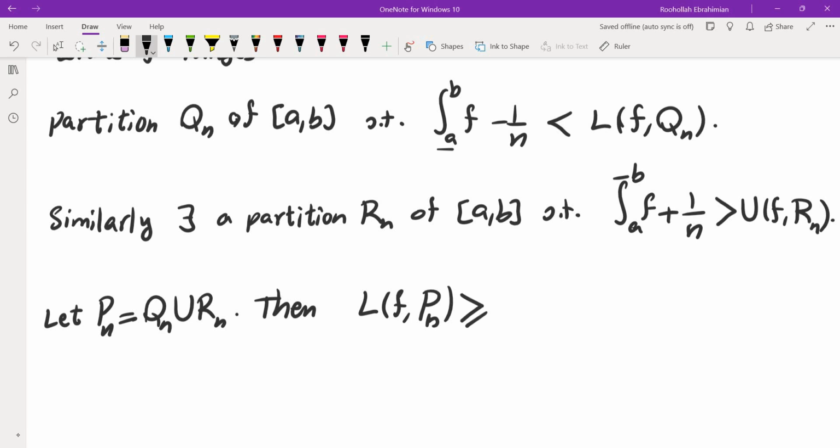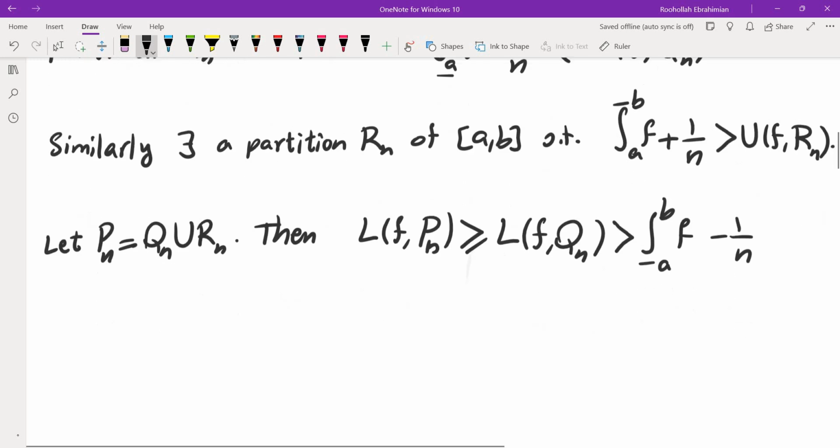This would be greater than or equal to the lower sum of Qn, which is greater than the lower integral of f minus 1 over n.